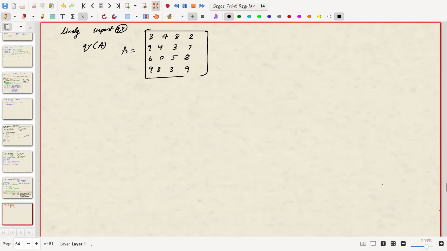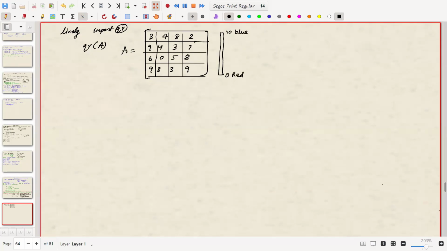In the Python animation of the QR method, I will treat this as a heat map, in the sense that each of these numbers will have a legend. It will be a color coded map. So maybe 0 to 10 and red to blue.